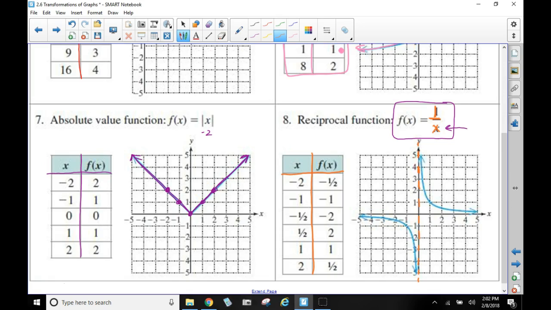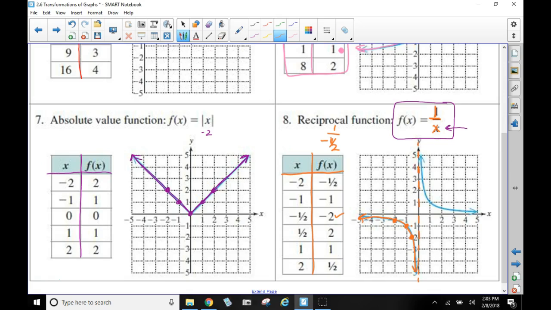When x is negative 1, the reciprocal is 1 over negative 1, which is still just negative 1. When x is negative 1/2, 1 over negative 1/2 is its reciprocal, negative 2. So we got a couple of key points here so far. The negative 2, negative 1/2, the negative 1, negative 1, and negative 1/2, negative 2 would be about right here. Okay, so that'll give us this little curve of our graph.